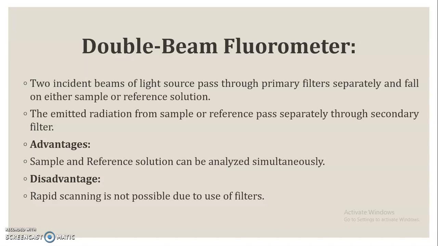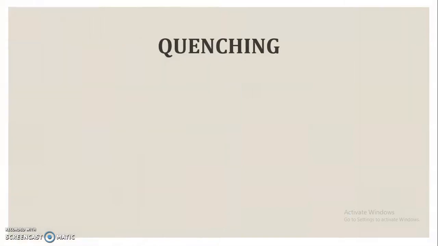Monochromators mainly consist of grating monochromators, which are highly sensitive as compared to prisms, and that is why they are generally utilized. So, this is the difference between the single beam and double beam Fluorimeters. Next, after this we are going to see the term quenching, which is generally known as the quenching of fluorescence.